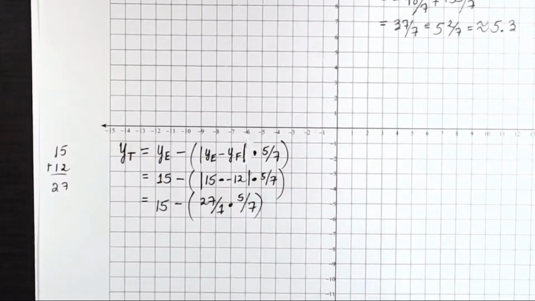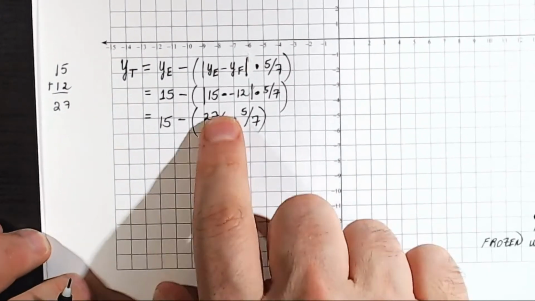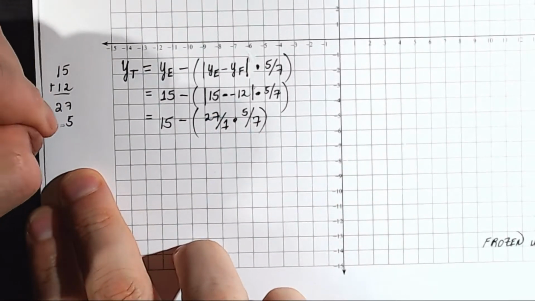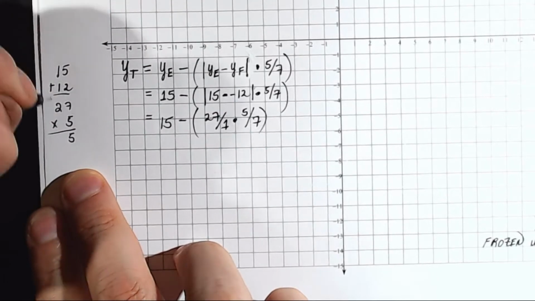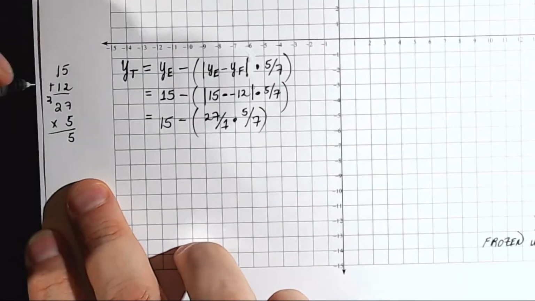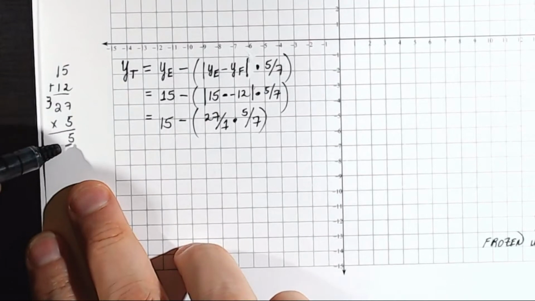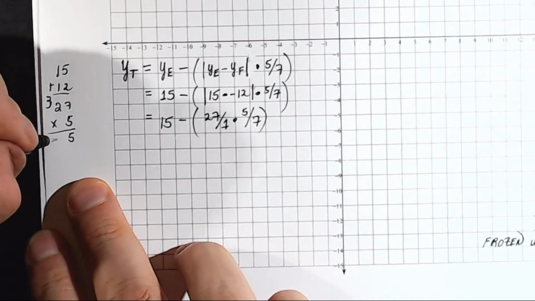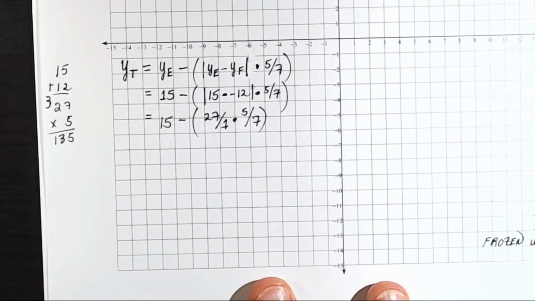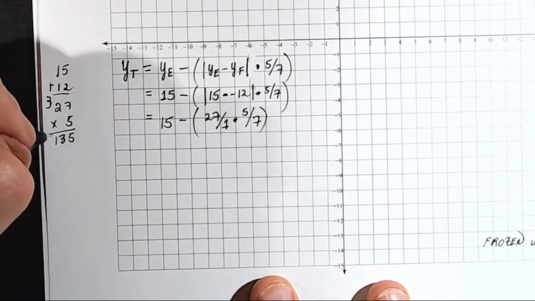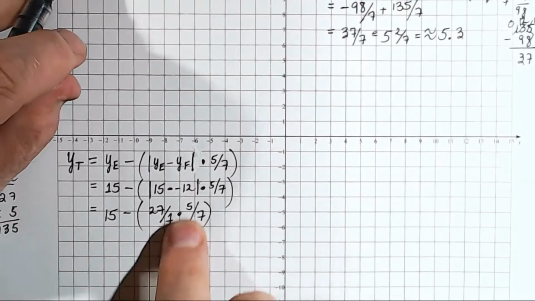Close parentheses. All right. So we just have to multiply 27 times 5. 27 times 5 is 135. And so we have 135/7 inside here.